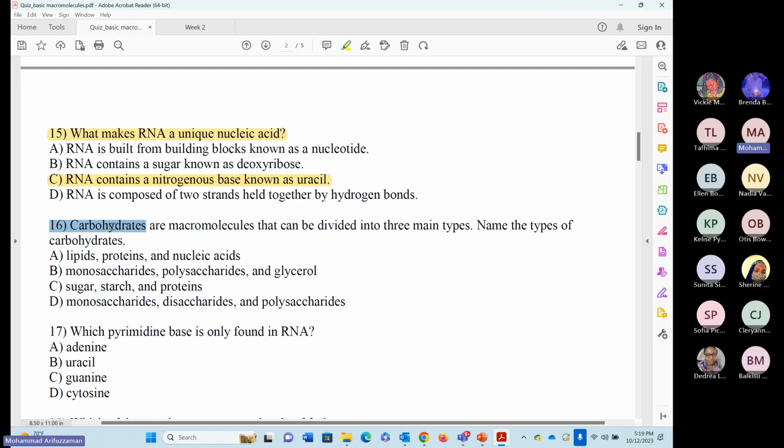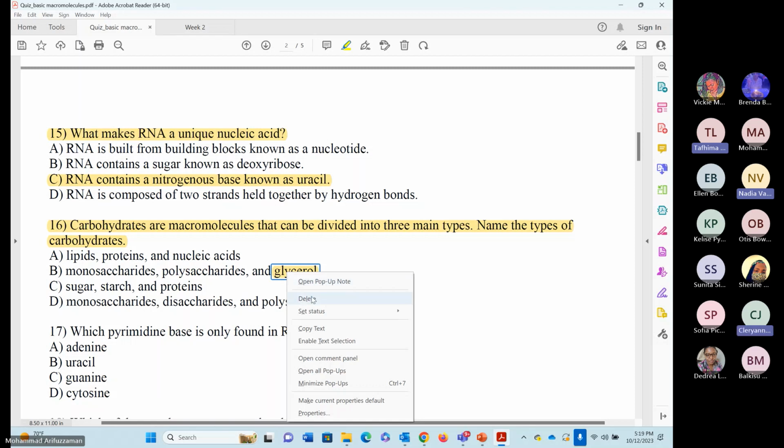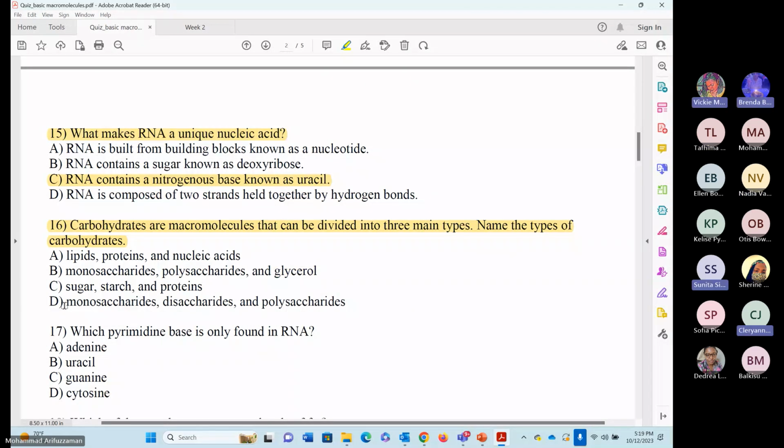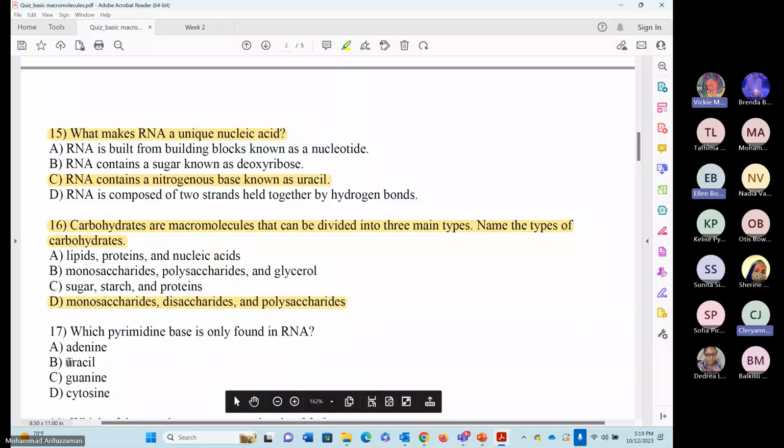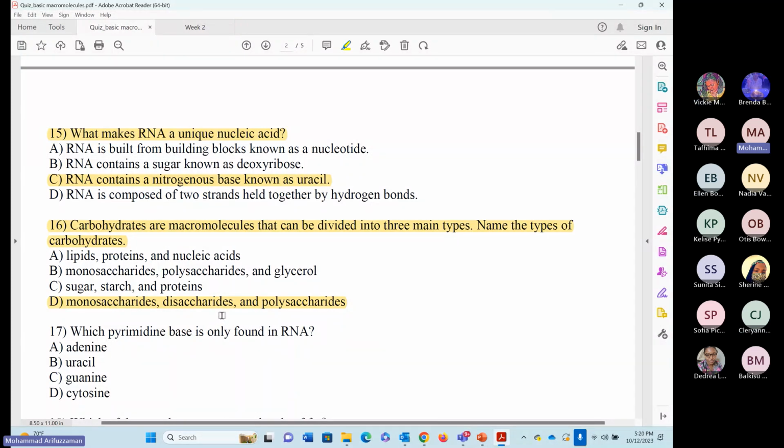Now, carbohydrates are macromolecules that can be divided into 3 main types. Name the types of carbohydrate. Is it B? But glycerol is not a carbohydrate. You have sugar, starch, and protein, A? And D. Monosaccharide, disaccharide, and polysaccharide. D. Correct. Glucose is a monosaccharide.